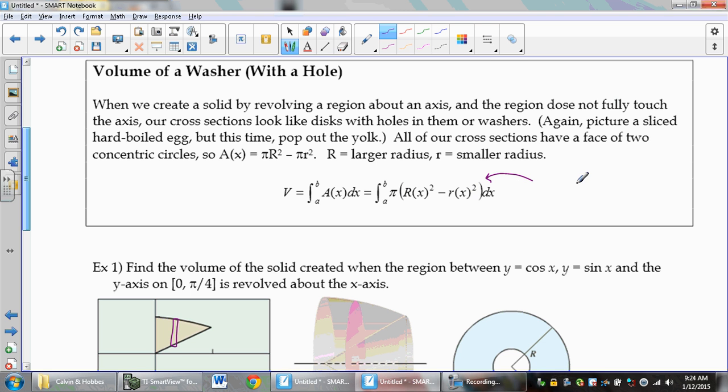What's important here is that you have to remember to square first, then subtract. We square the radius first, and then we subtract, because I need to find the entire area of the big circle and then subtract the area of the small circle. You have to square first and then subtract.